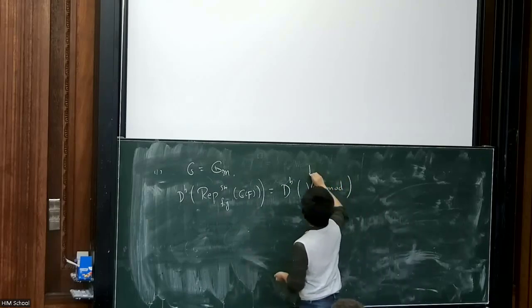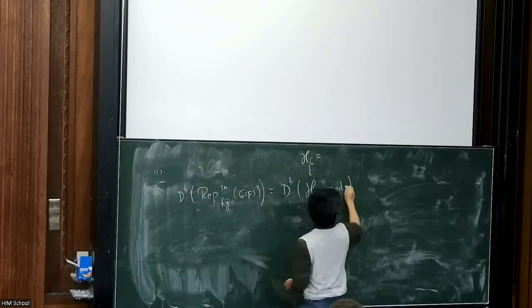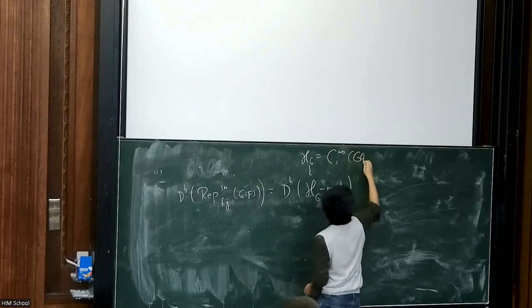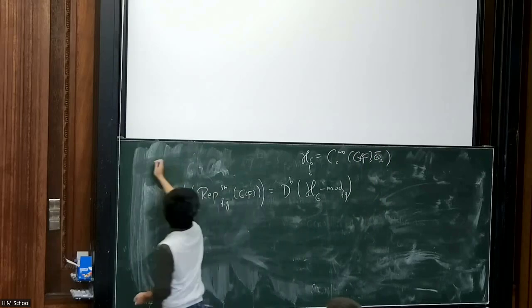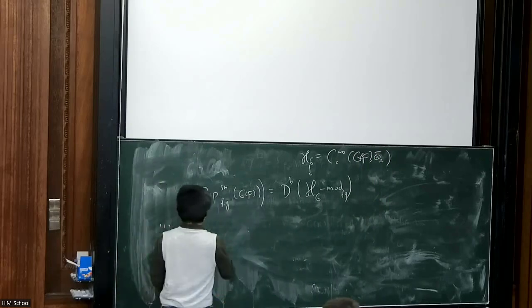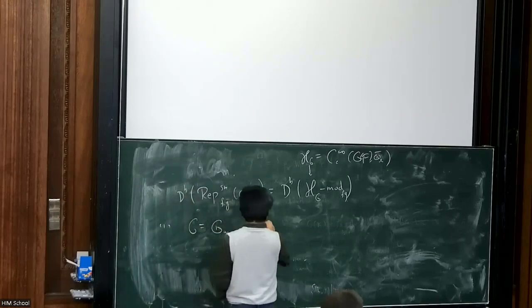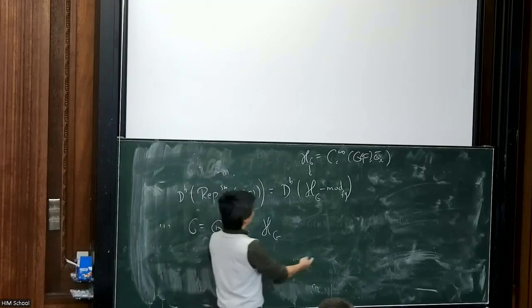Here, this is a Hecke algebra. Let's just say this finitely generated. So when G is GM, it turns out the nice thing is this Hecke algebra can be easily described by local class field theory.